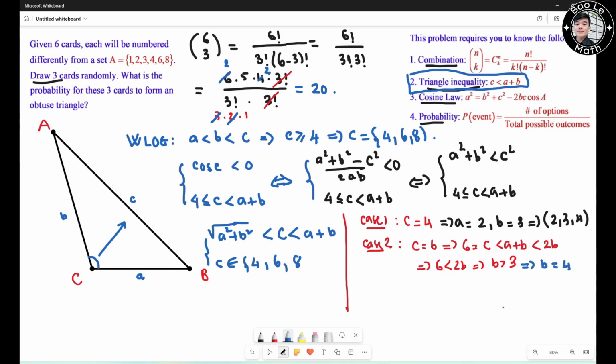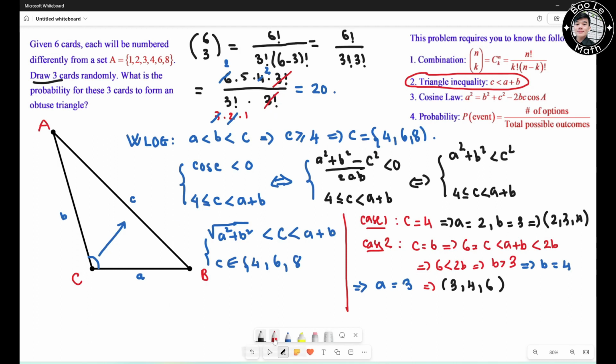B equals 4, and this implies that a equals 3. A cannot be 1 or 2 because it does not satisfy the triangle inequality. So we have the second solution: 3, 4, and 6.